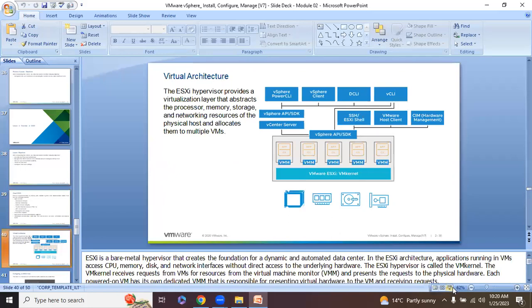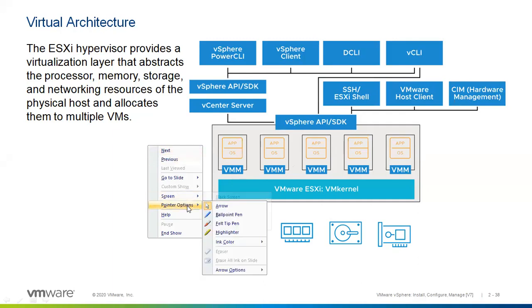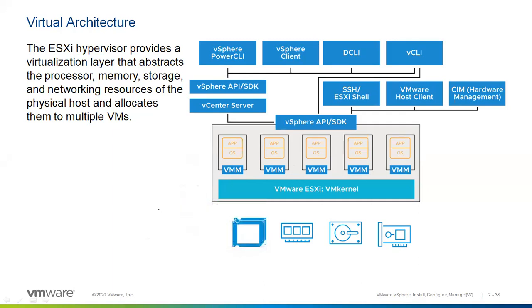Moving to the next one, this is the same slide we saw yesterday: the ways you are going to access your ESXi hypervisor. There are a number of ways you can browse your ESXi. This is a physical server where you are going to install ESXi, which will utilize all the underlying hardware.